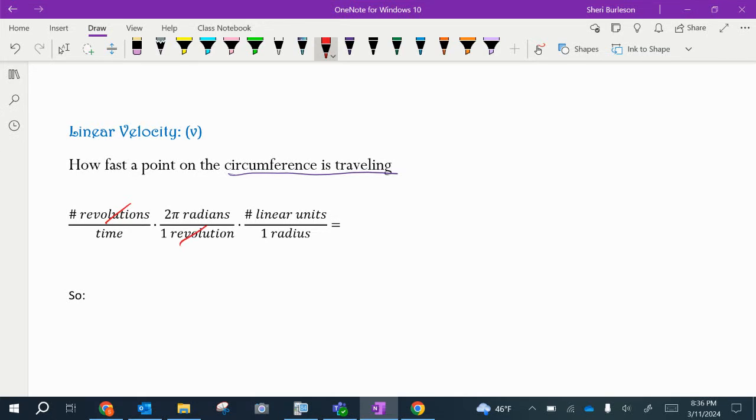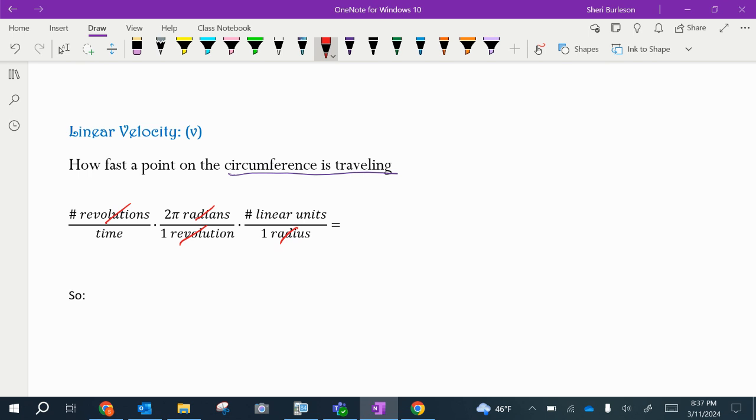revolutions divide out. Now, this one is a little bit of a stretch for some kids, but because the definition of a radian is the angle that marks off an arc length that equals the radius, the radian and the radius divide each other out, because that length of the arc that is marked off by that angle is equal to a radius.